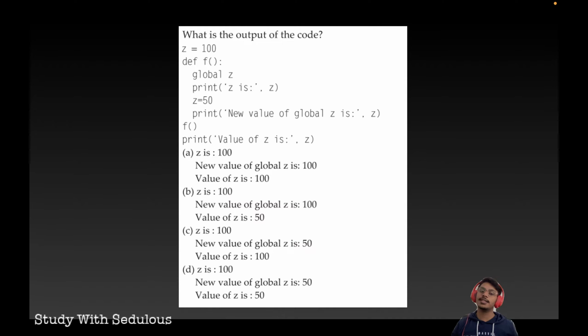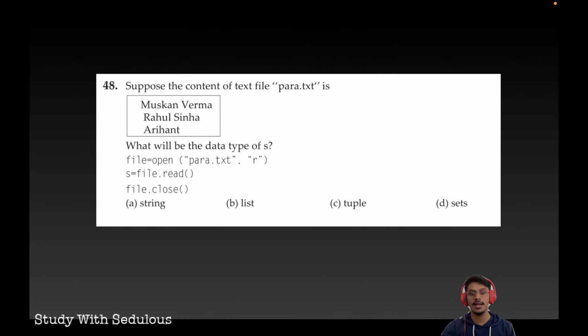Suppose the content of the file para.txt is Muskan Verma, Rahul Sinha, Arihant. What will be the data type of S? File equal to open para.txt, S is file.read, file.close. When we open it, we are opening the complete file in read mode. Then S is file.read. We are saying that S should be the file's contents. Then we are closing it.